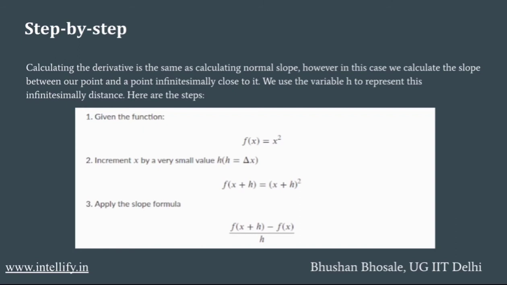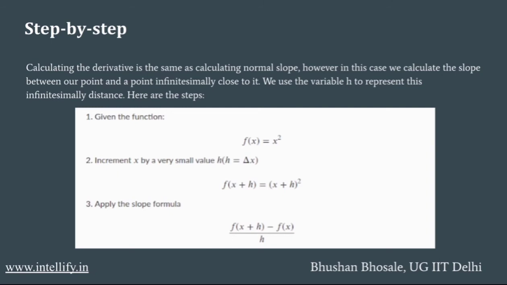Now, given a function f of x equal to x square, how do we calculate the derivative at any point? We substitute the value in the formula, and we get (x plus h) whole square minus x square, which would be equal to 2xh plus h square upon h.